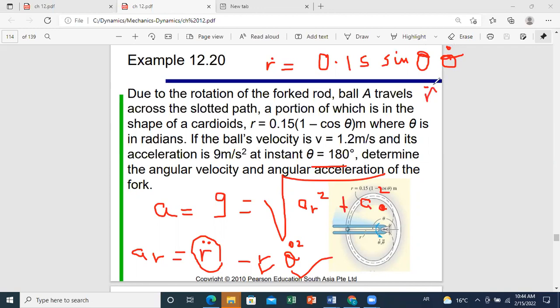So R dot dot is equal to, we have U times V, and we have 0.15 as the constant. So 0.15 times the derivative of sine theta, which is cosine theta times theta dot.